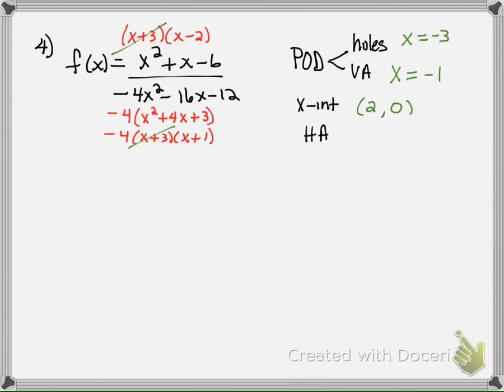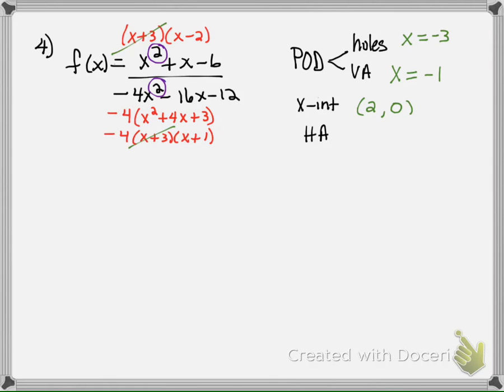All right, horizontal asymptote. We go back to the original problem before we started factoring, and we have to look at the degrees. What do you notice? They're the same. Here, degree of 2, degree of 2. So what does the rule say that we do? What do we do if the degrees are the same? We make a fraction out of the leading coefficients.